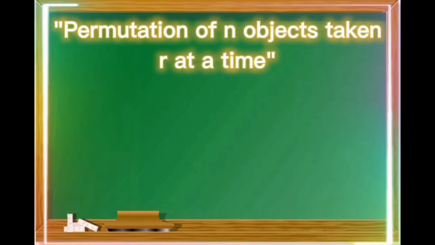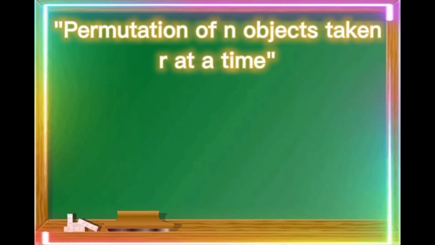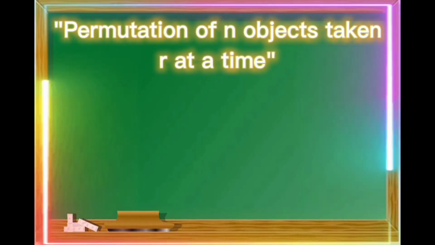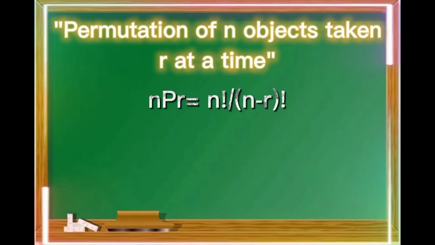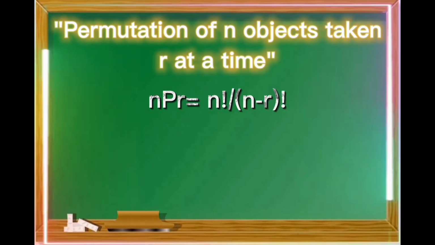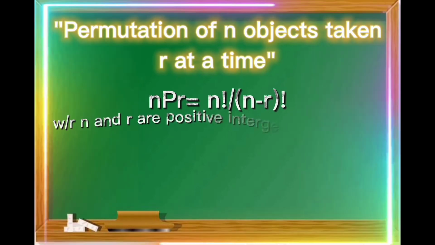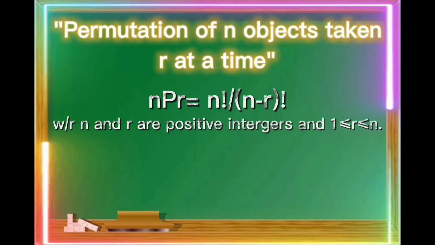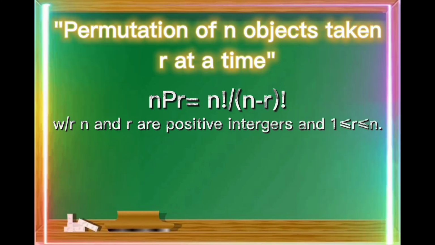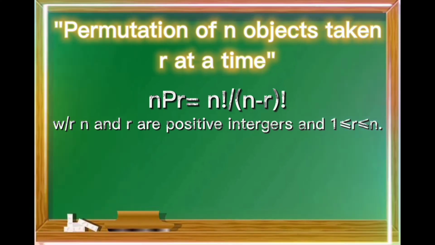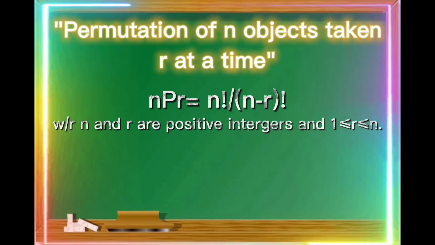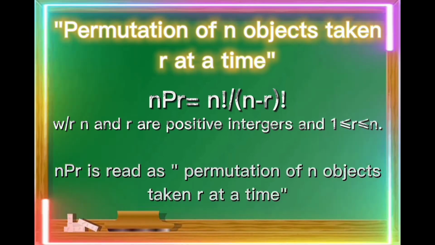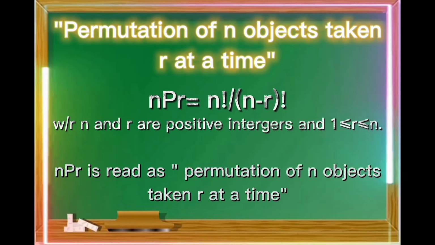For permutation of n objects taken r at a time, the formula is nPr is equal to n factorial over n minus r factorial, where n and r are positive integers and r is greater than or equal to 1 and less than or equal to n. nPr is read as permutation of n objects taken r at a time.